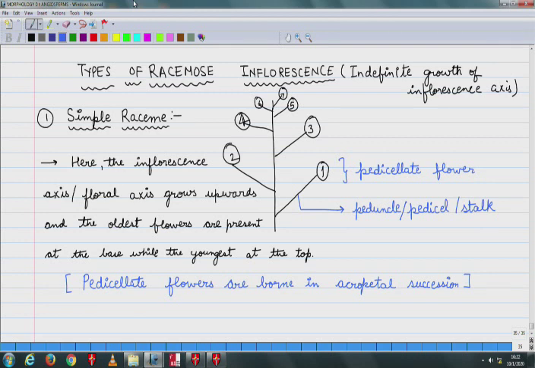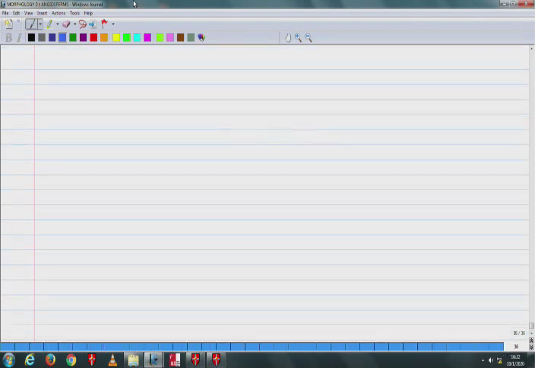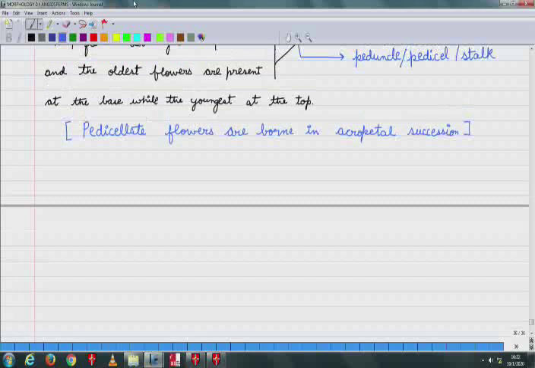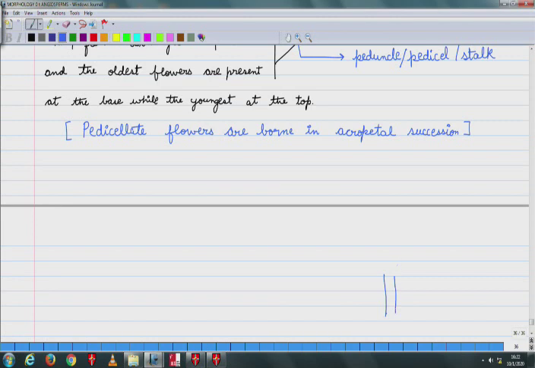Okay. Take a look at any tree, any plant. If you look at any tree, you can see there is always a branching type habit present. Do not draw this diagram. I am drawing it so that you can understand something.